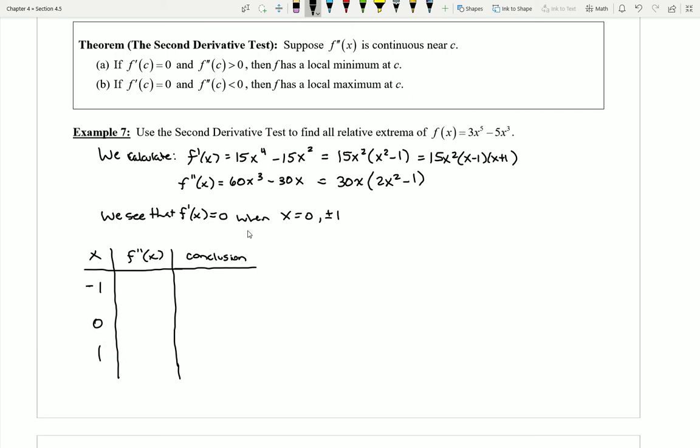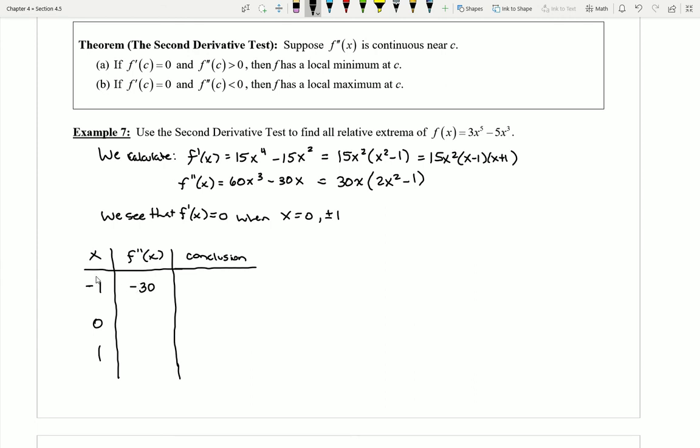So let's see what happens if I plug -1 into my second derivative. It doesn't matter which form I plug it into. It's actually going to be pretty easy even just to plug into this form right here. Notice I would get -60 plus 30, so my second derivative would come out as -30, indicating that I got negative. My graph is concave down.